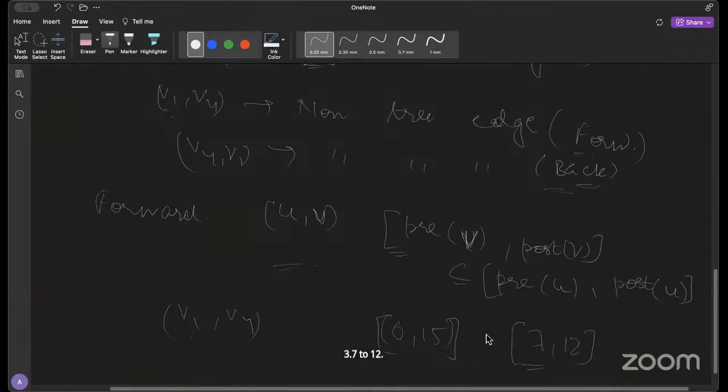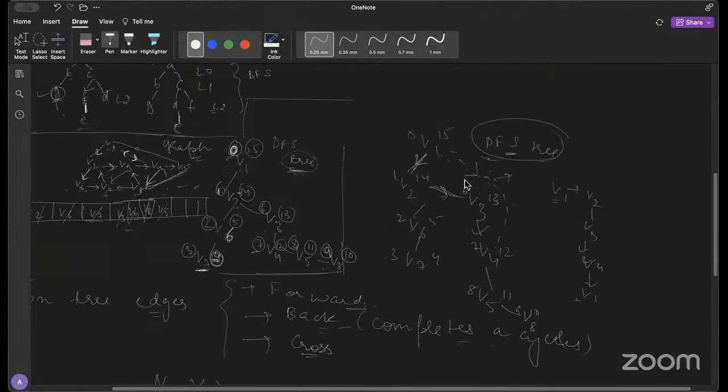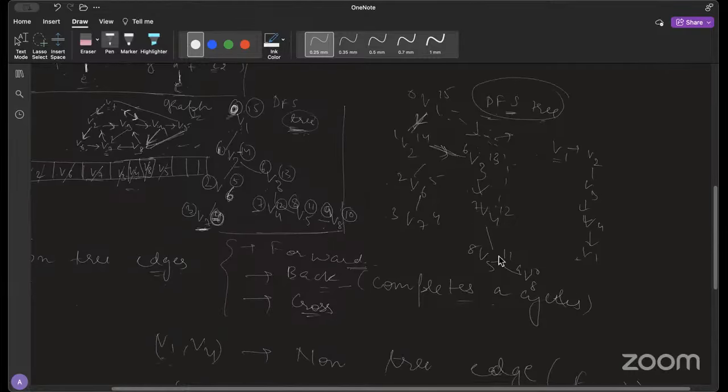That means this interval is contained in this one. 7 to 12 is contained in 0 to 15. So, and we're taking V1 to V4. So V1 to V4 is a forward edge, right?